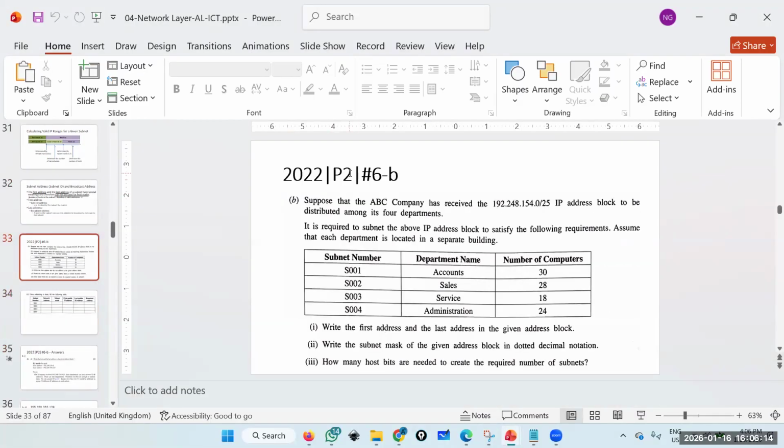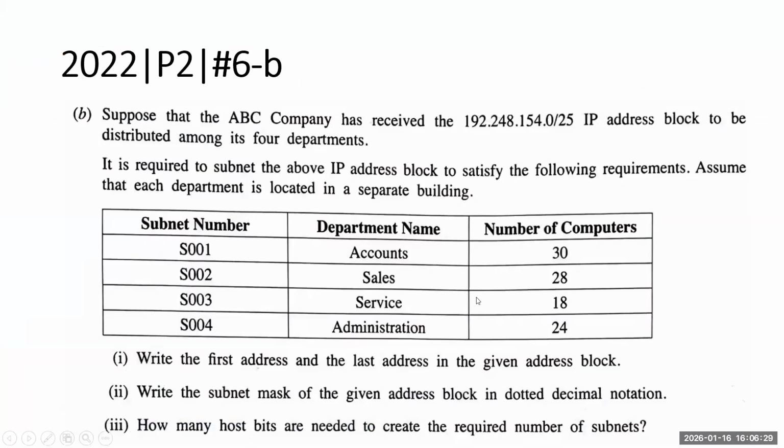Right. So let's do this particular question. 2022, paper 2, question 6B. Okay, question 6B. Let me copy this. Right.